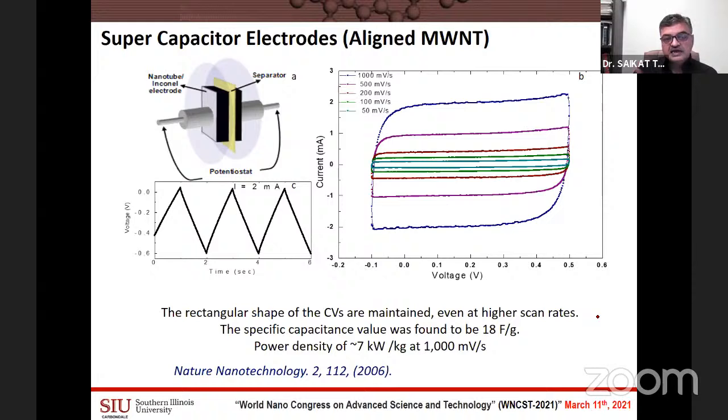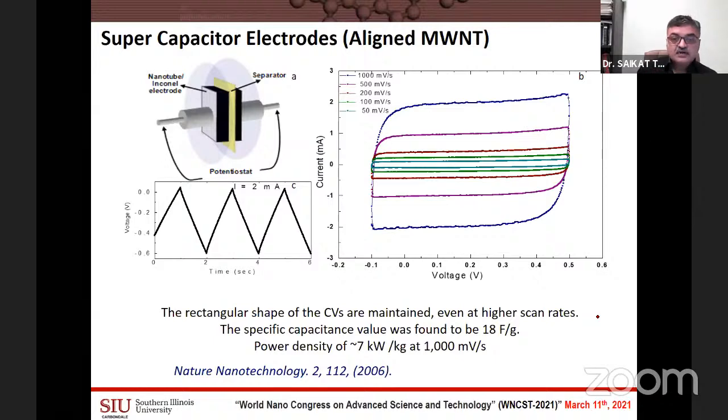So we have shown that it is possible to grow these carbon nanotubes on some kind of refractory metals. This is the Inconel 600, which is a super alloy, and you can grow nanotubes on them, and then the results were pretty good.